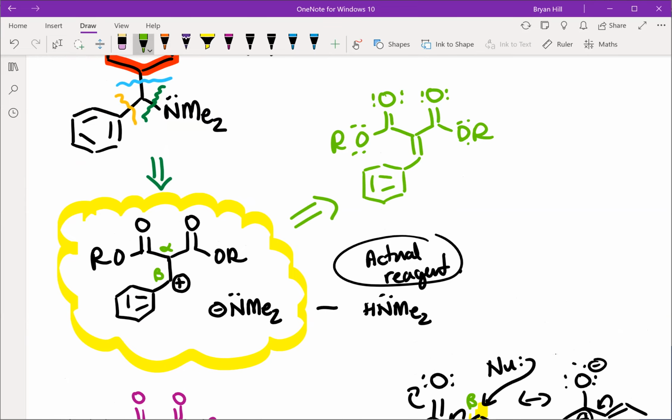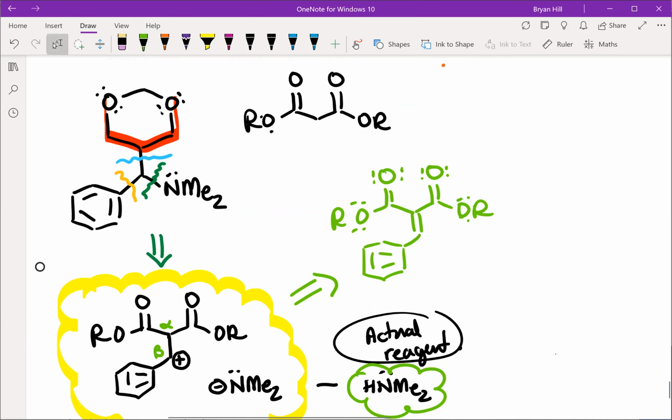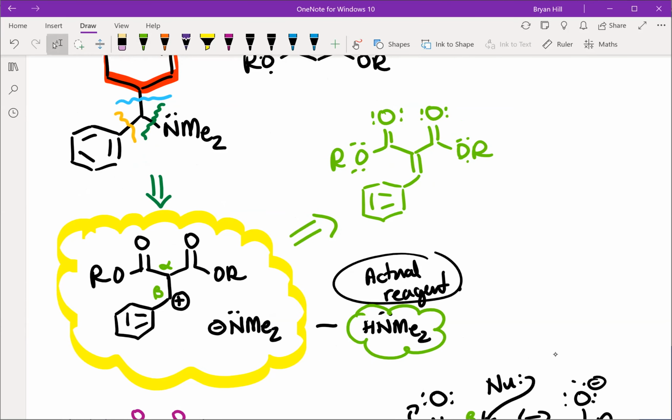And we can have our little dimethylamine, and it can do a Michael addition and generate our, so this green bond, they can make that bond there.